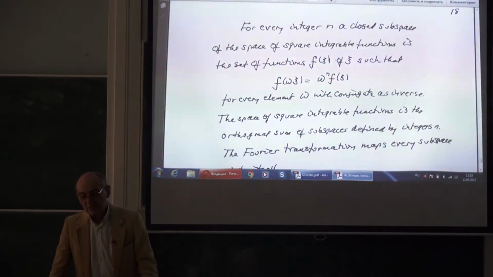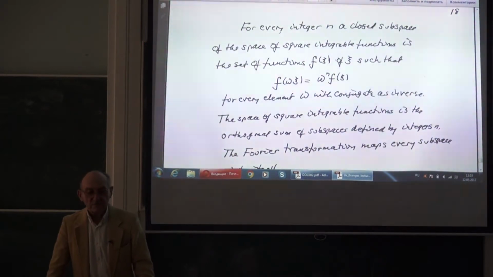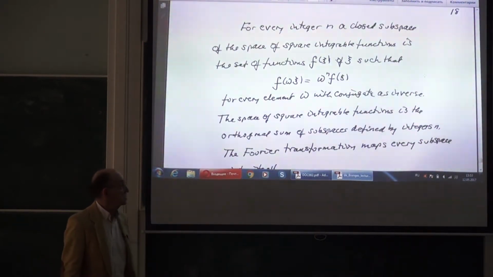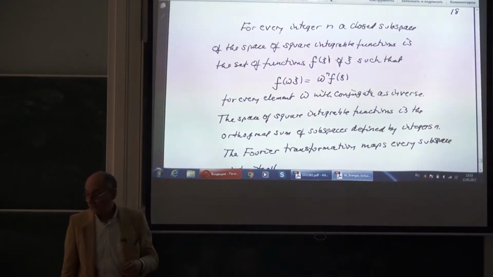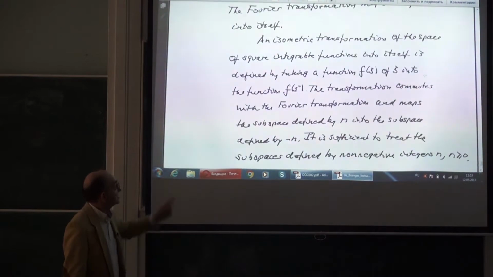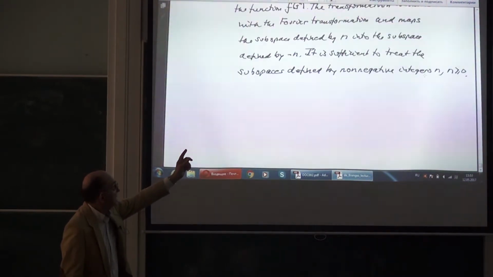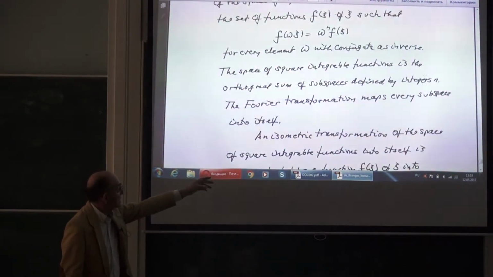The Fourier transformation maps every subspace into itself. You also have another transformation, written down here if you go a little bit farther.